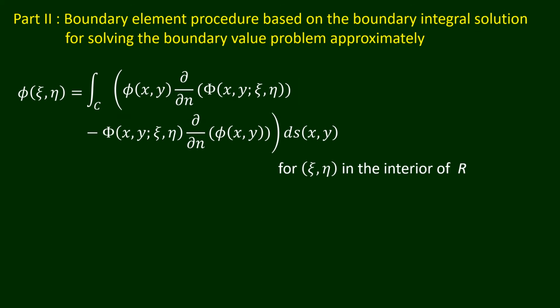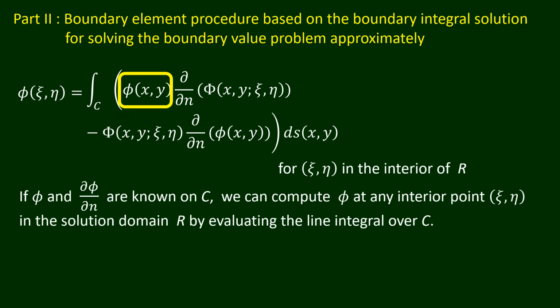If the desired solution Phi, and its normal derivative del Phi over del n, are known on the boundary C, we can compute Phi at any interior point xi eta, in the solution domain R, by evaluating the line integral over C.